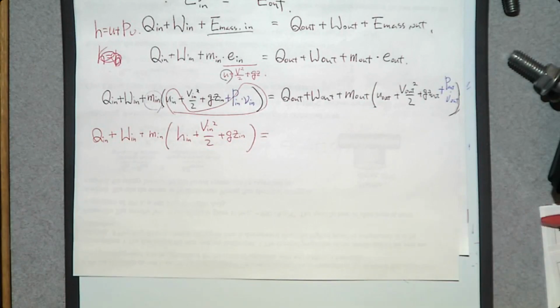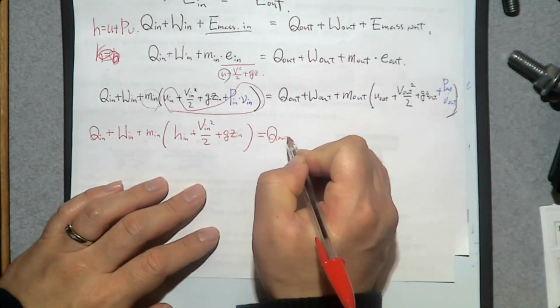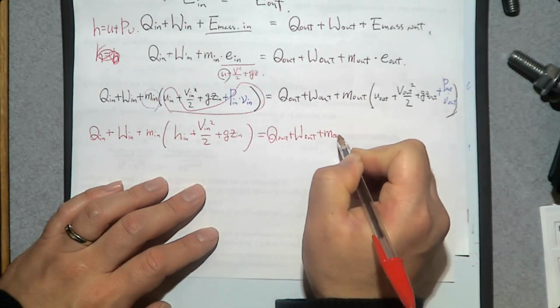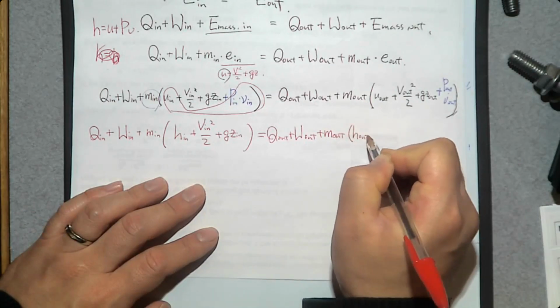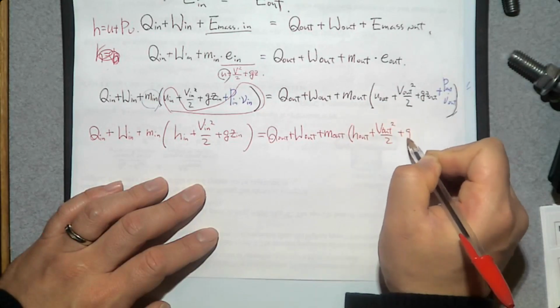What about energy transfer leaving this control volume? Q out plus W out plus m at the exit. This one has enthalpy, kinetic energy, and potential energy.